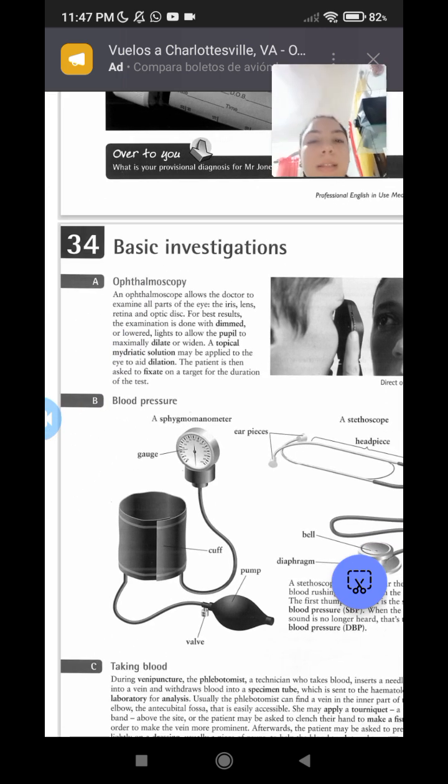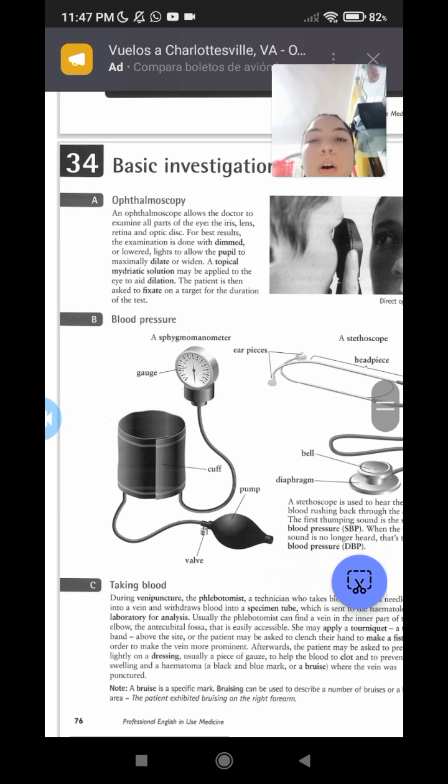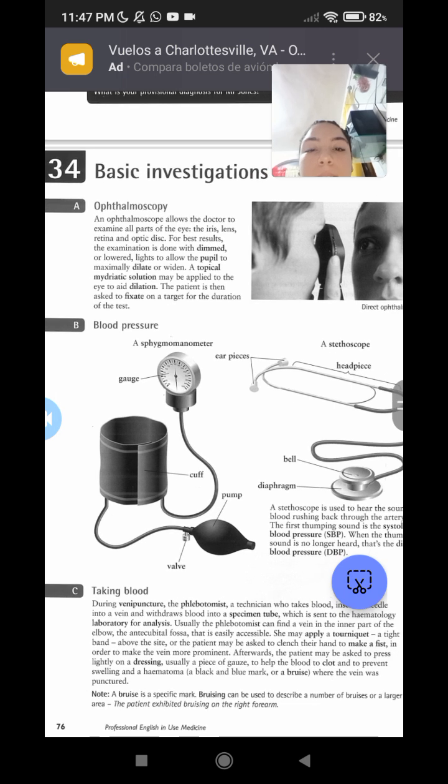And the last part of the video is basic investigations. Ophthalmoscopy. An ophthalmoscope allows the doctor to examine parts of the eye: the iris, lens, retina, and optic disc.